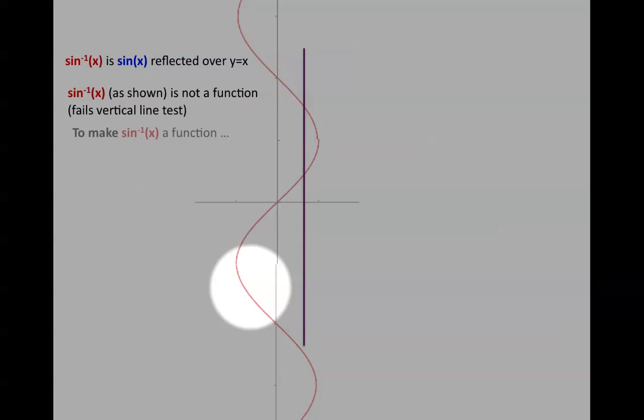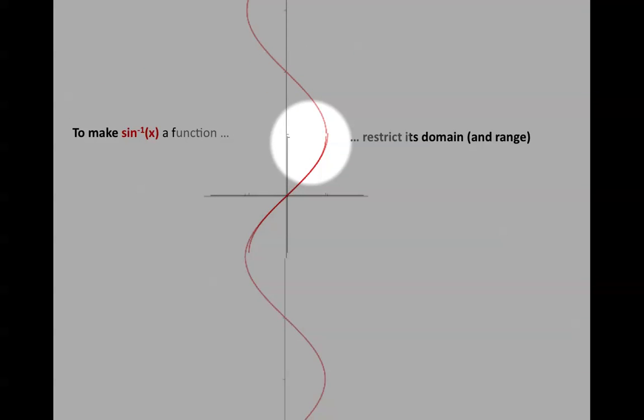So if we want it to be a function, we have to modify it a little bit. We'll do this by restricting its domain and its range. You've seen this before when any sort of function has a restricted range or a restricted domain.